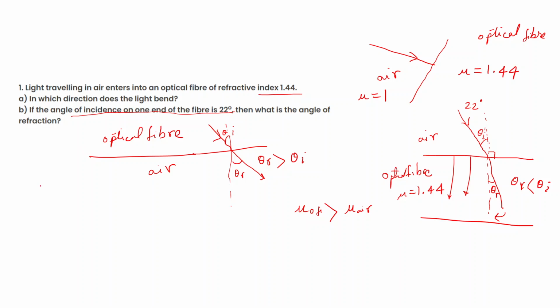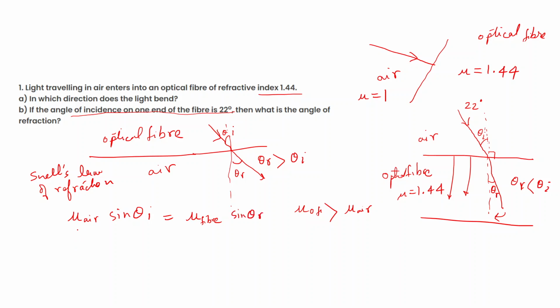So from Snell's law of refraction that we discussed, we know that mu air sine theta I will be equal to the refractive index of this optical fiber multiplied by sine theta r.